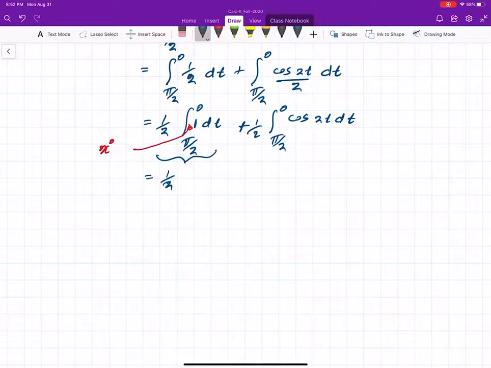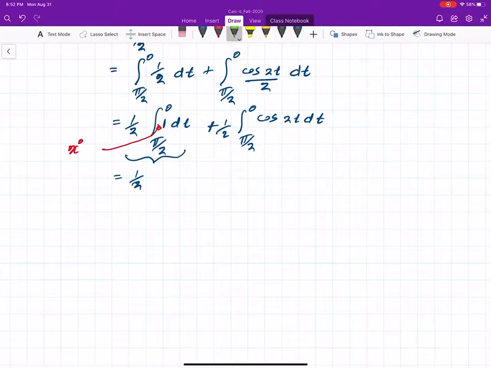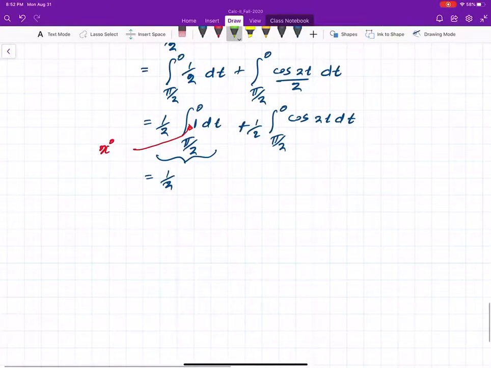If you can't remember the power law for integration, I'm going to write it here. Let's say you have x to the power n dx.